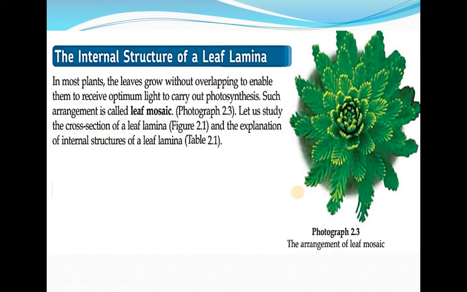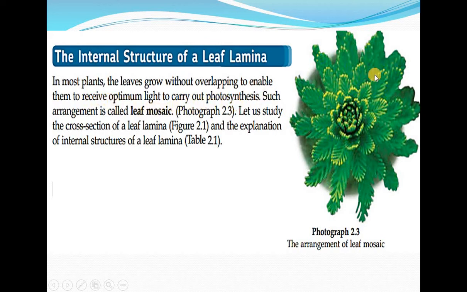Now we look at the internal structure of a leaf lamina. Before we learn more about the internal structure, look at this diagram. In most plants, the leaves grow without overlapping to enable them to receive optimum light to carry out photosynthesis.